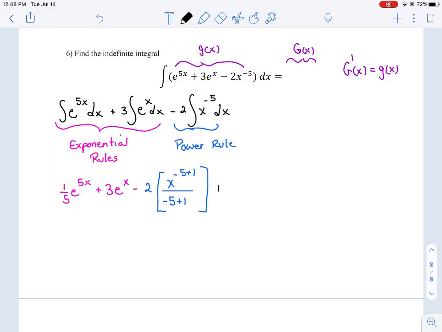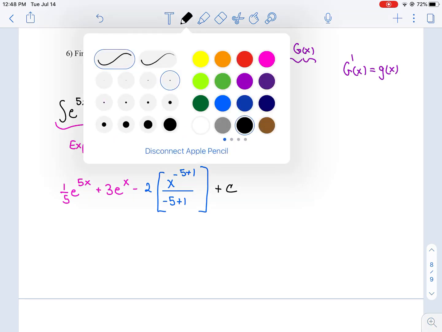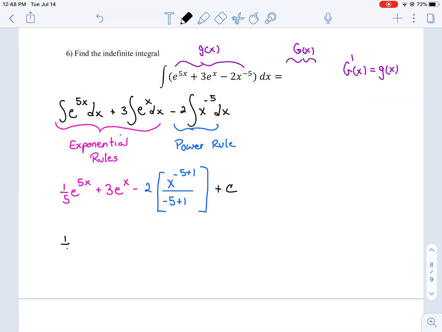And I'm going to go ahead and add the c right now so I don't forget. So if we clean this up, this becomes 1/5 e to the 5x plus 3e to the x minus 2 times x to the negative 4th divided by negative 4 plus c.